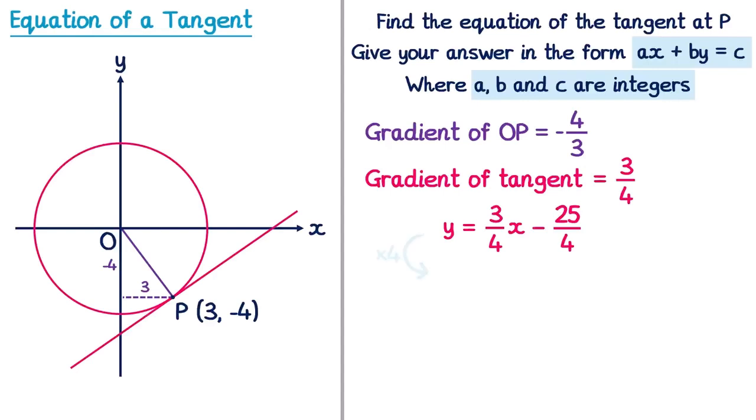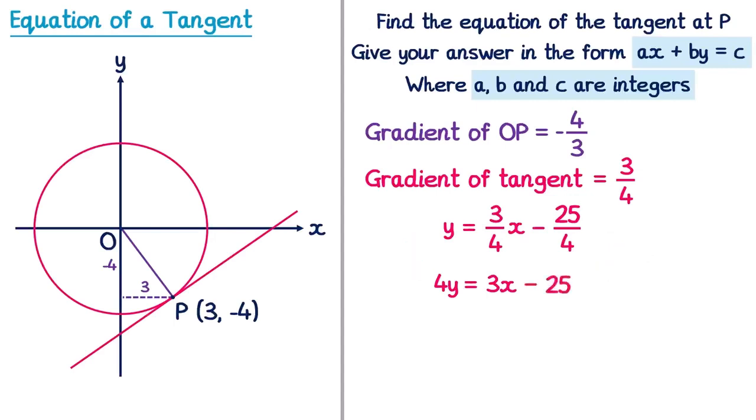So if I multiply the left side by 4, that's just y multiplied by 4, which is 4y. And if I multiply the right hand side by 4, well, 3/4 multiplied by 4 is just 3. So the 4's cancel and I have 3x. -25/4 multiplied by 4, once again the 4's will cancel, so it's -25.